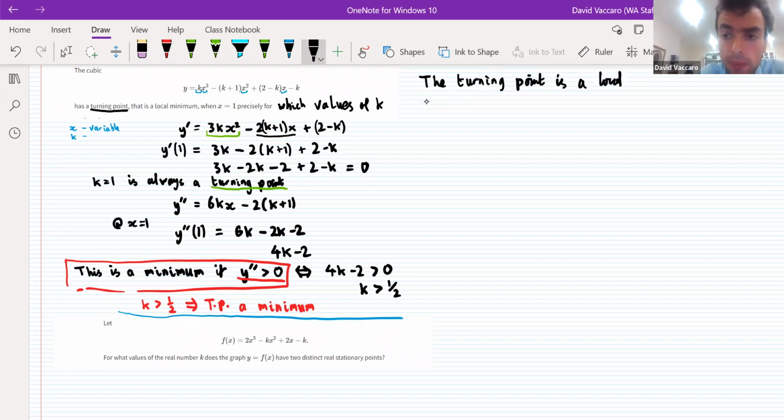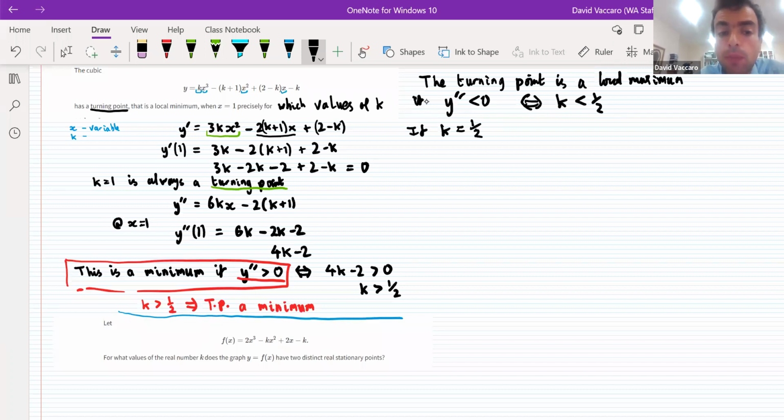It is a local maximum if y double dash is less than 0, which is equivalent to k being less than 1/2. But at the moment, if k equals 1/2, I don't actually have any information from the second derivative test whether it's a minimum, a maximum, or a point of inflection.